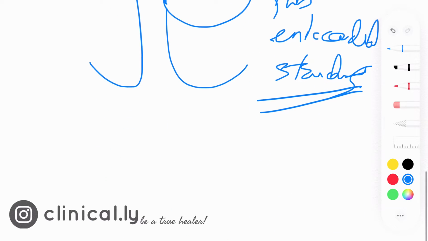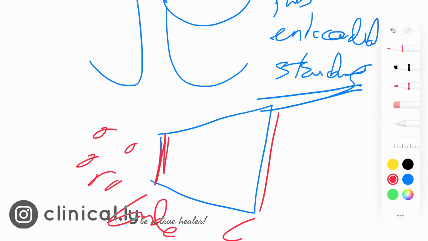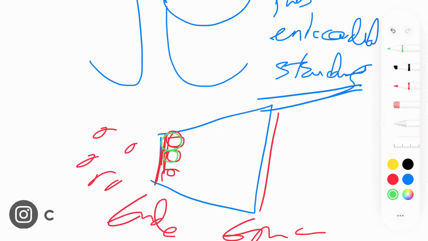Looking at the thickness of the myocardium, if this is the blood pool, the RBCs, this is the endocardium, here is the epicardium. The activation first reaches the endocardial areas. Let's draw activation like this.